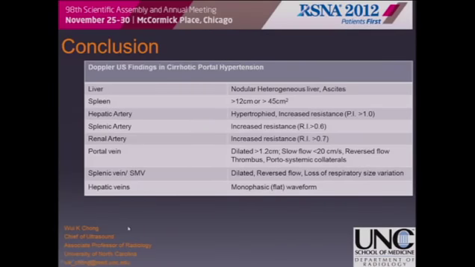So in conclusion, Doppler ultrasound findings in cirrhotic portal hypertension include a nodular heterogeneous liver with ascites, enlargement of the spleen greater than 12 centimeters or greater than 45 square centimeters, a hypertrophied hepatic artery with increased resistance, a pulsatility index of greater than 1.0, increased resistance in the splenic artery and renal artery, dilatation of the portal vein greater than 1.2 centimeters, slow flow less than 20 centimeters per second, and then with worsening portal hypertension, stagnant flow, then reverse flow.